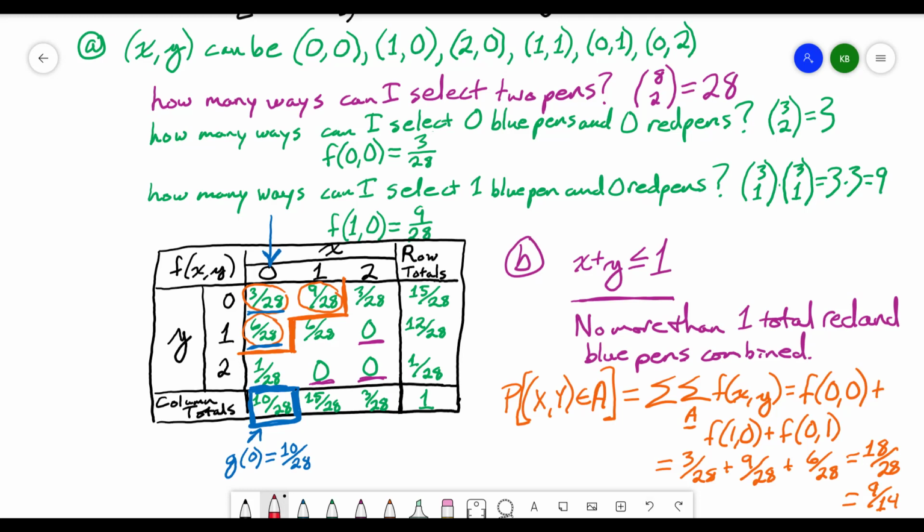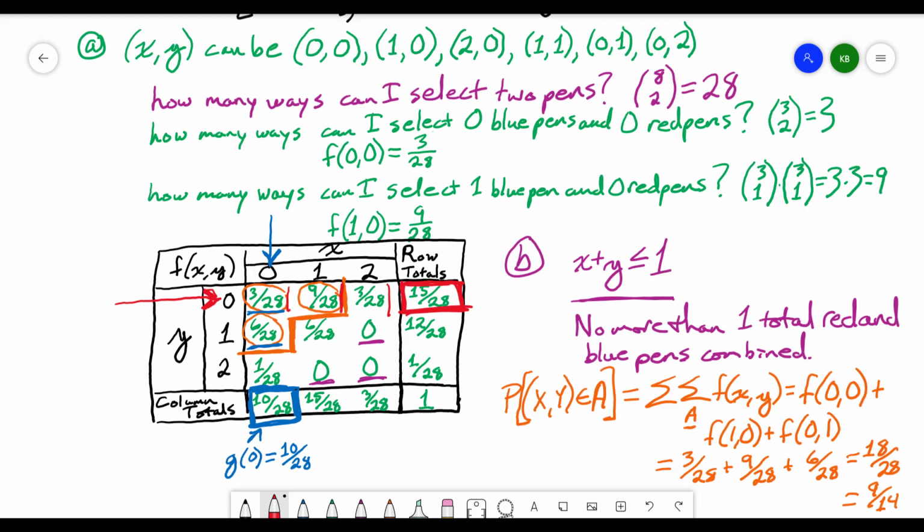Now if I instead fix a y value at a single point, so say I'm concerned with having 0 red pens, then I again let the number of blue pens vary while keeping the number of red pens fixed. So I could have 0 red pens and 0 blue pens, 0 red pens and 1 blue pen, 0 red pens and 2 blue pens, and that corresponds to my row total across where my y value for the number of red pens was fixed at 0.